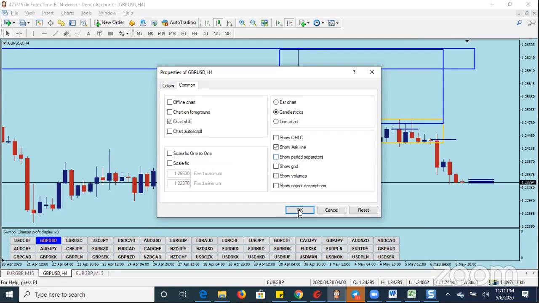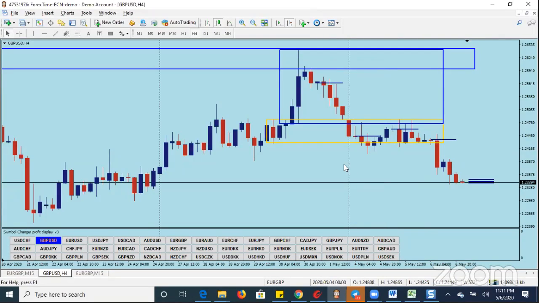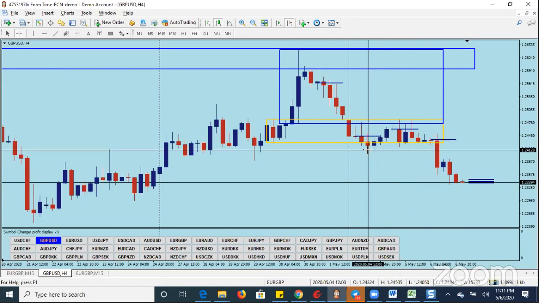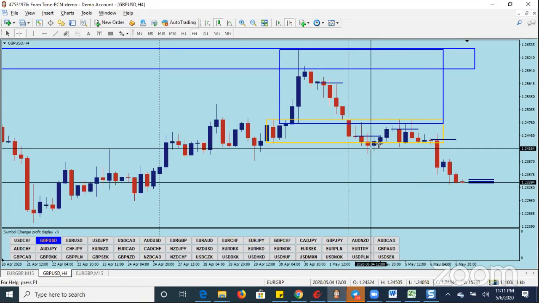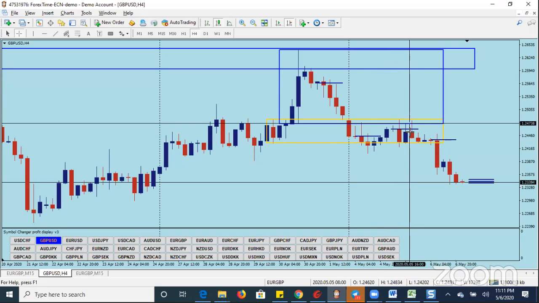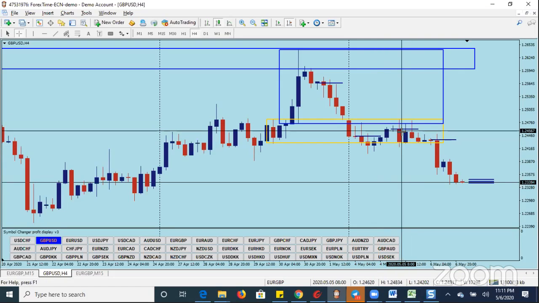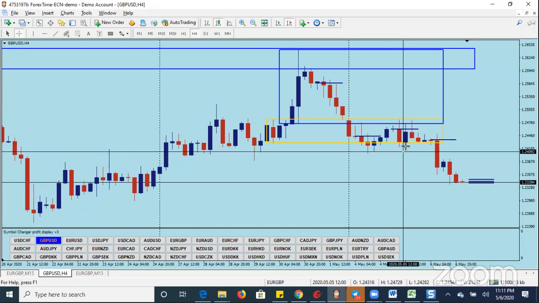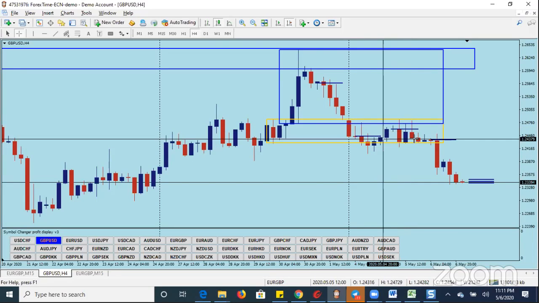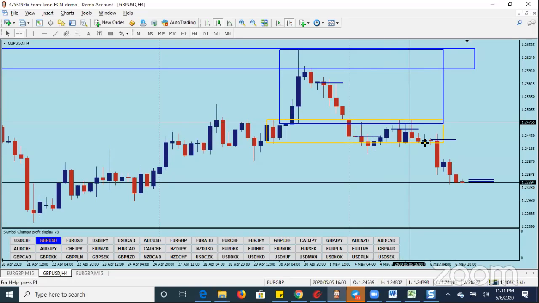Let's have period separators on. Okay, so this date here was where price broke out on the 4th, which was on Monday, and the whole of yesterday it was actually doing a retest. The whole of yesterday was a retest, right? We had one entry that would have been stopped out or taken out at break even, and we had another entry for a sell.